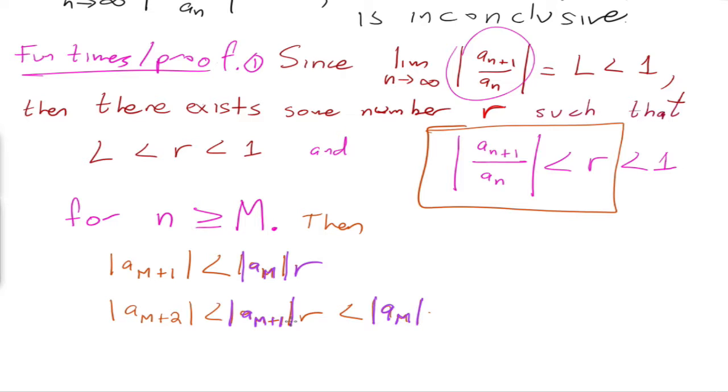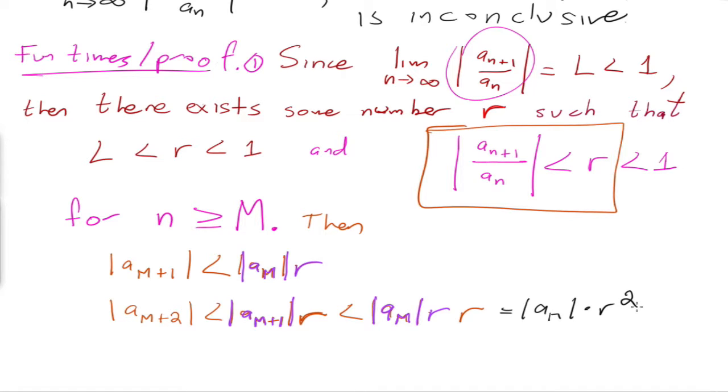And then I have the r that I had earlier, which is still there. So that's equal to a sub m times r squared.